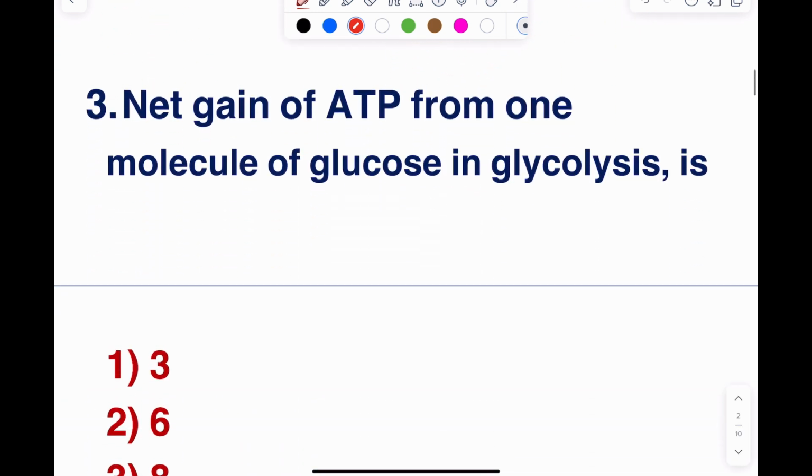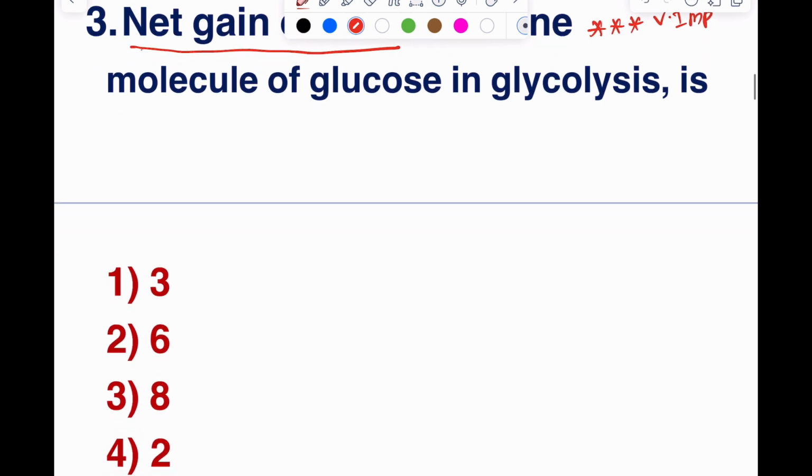So it is most important. Here most of the students are confused net gain of ATP molecules from 1 molecule of glucose in glycolysis. It is most important question. Very important question. Do you know in glycolysis substrate level of phosphorylation 4 ATPs.